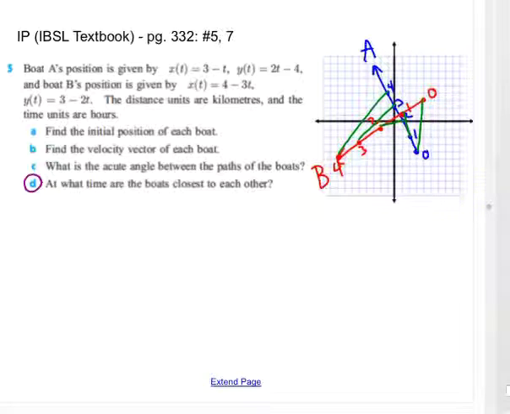What makes this a challenge is that we're not looking perpendicular anymore. We're actually going to use the distance formula. So think in terms of the distance formula. What 2 points are you going to use?